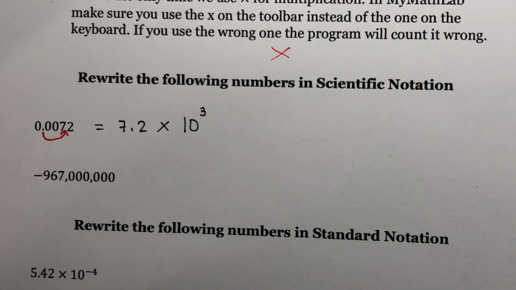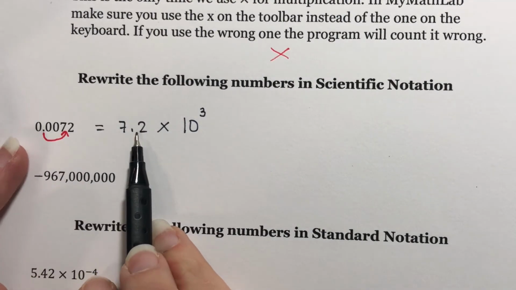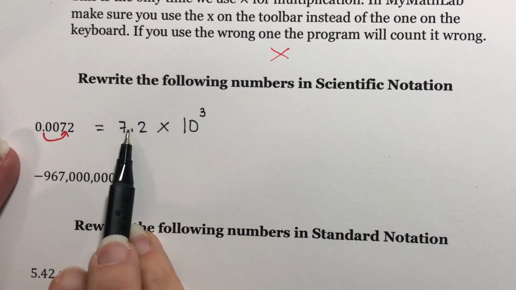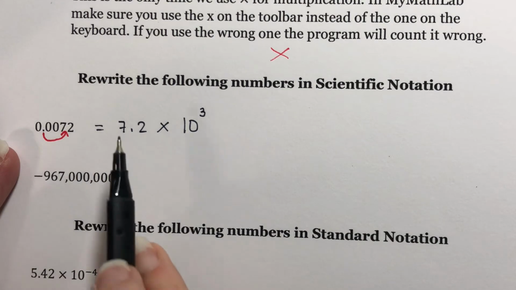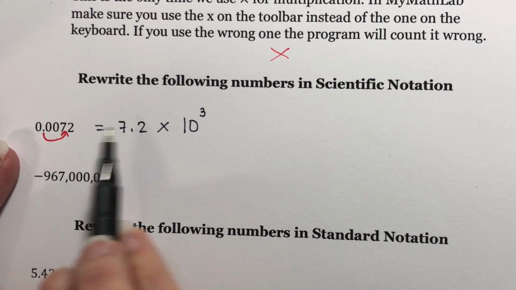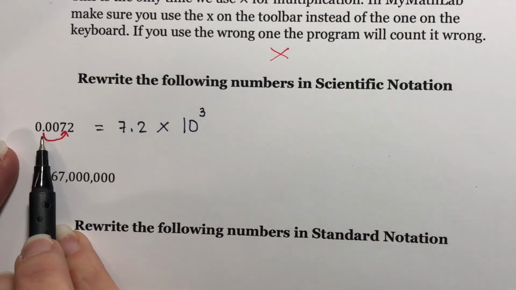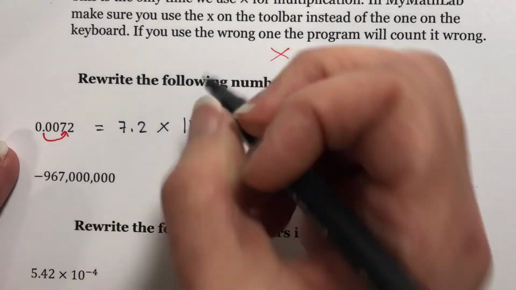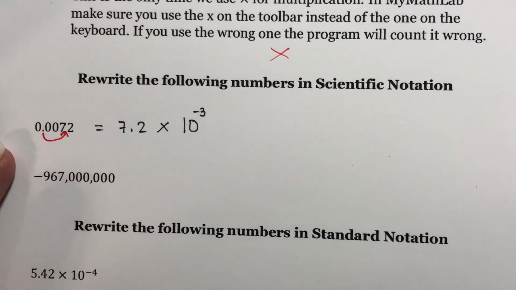I suggest that you don't, okay? Ask yourself, this is what I've got right now. I need to change it back to this. Do I need to be making this bigger or smaller to go back to here? Well, 7.2 is a lot larger than this, so I need to be making it smaller. And if you need to be making it smaller, you're going to use a negative exponent.